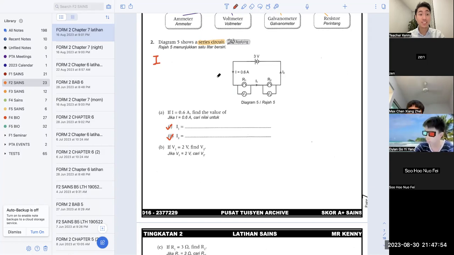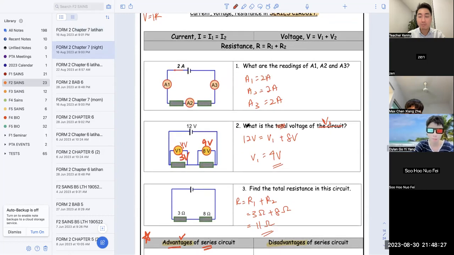The question gives you the current in amperes. Okay, so coming out from here, master current is 0.6. Question also gives you master current at 0.6. Okay, so find the value of this current and this current. How much is it? Look back and tell me now.